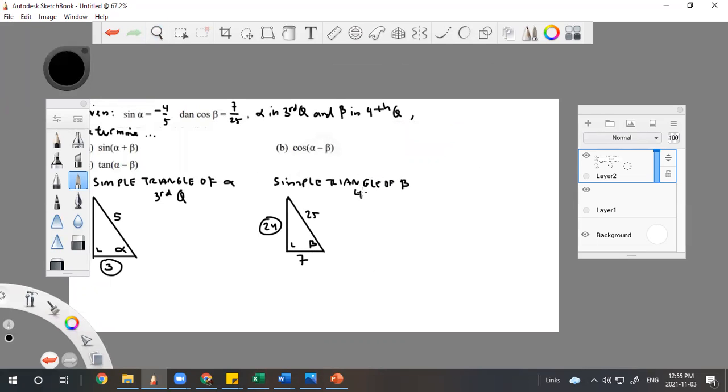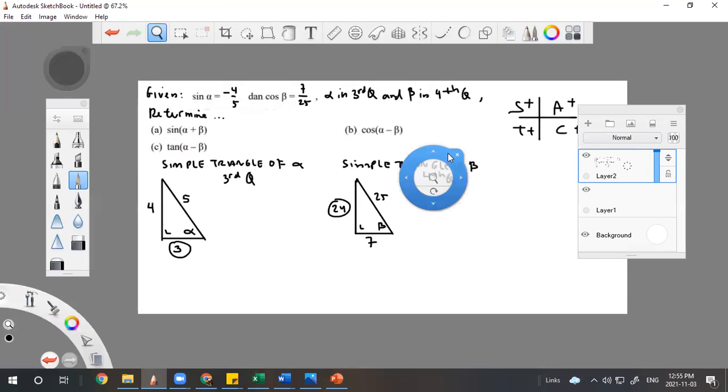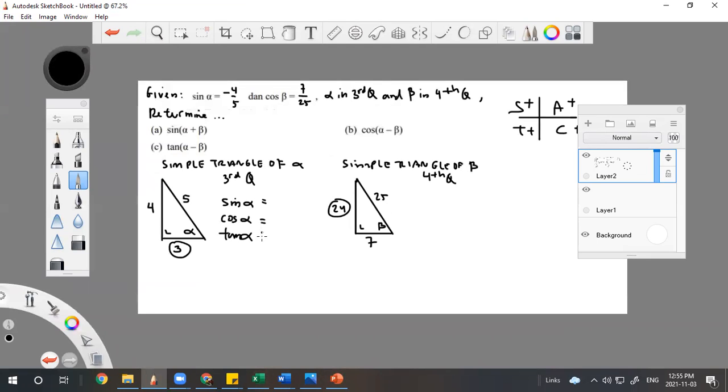And this is on the fourth quadrant. So all sine, tan, cos, right? All positive, sine positive, tan positive, cos positive. Then if on the third quadrant, only tan alpha is positive. Right? Ini juga harus sama.